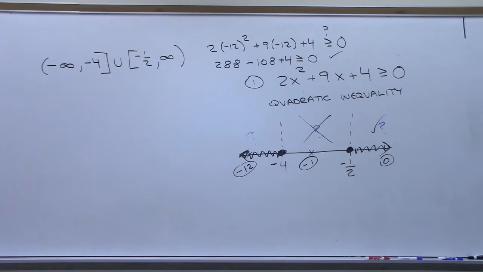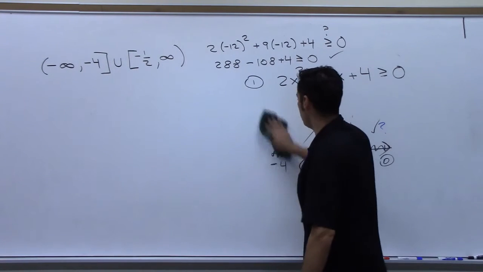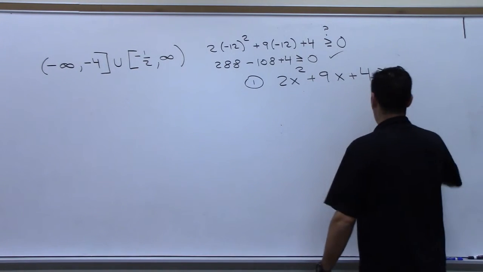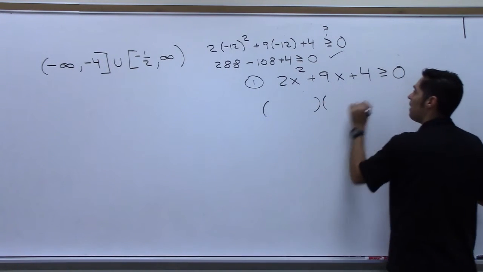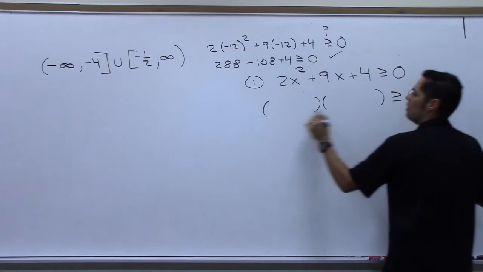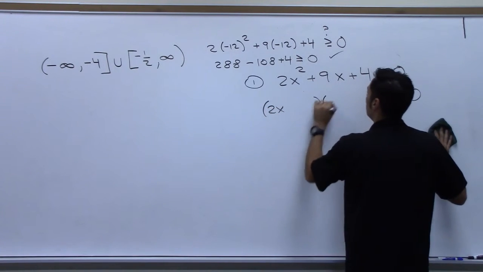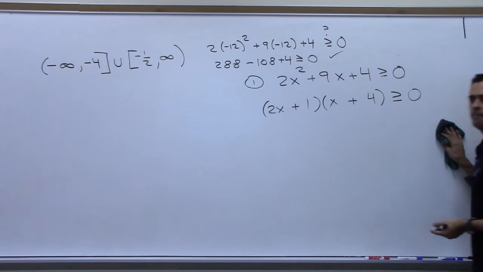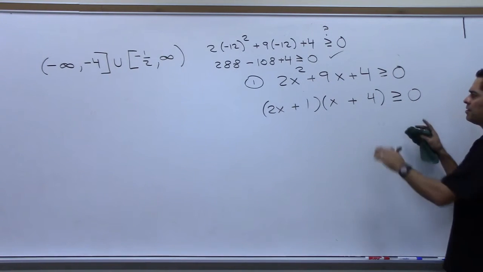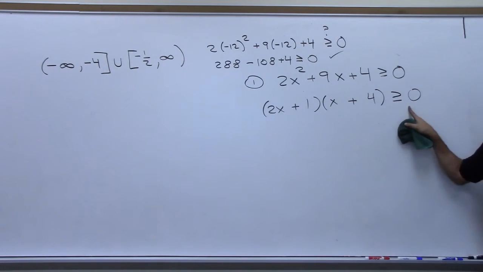I guess it's just to make sure that you carry it on and not just, oh, well, this is it. Well, here's what a lot of people do, okay? I hate putting the wrong thing on the board, but here's what a lot of people do. They'll look at this, they'll say, oh, okay, sure, and then they start factoring right now. And then they set each of these greater than or equal to 0.